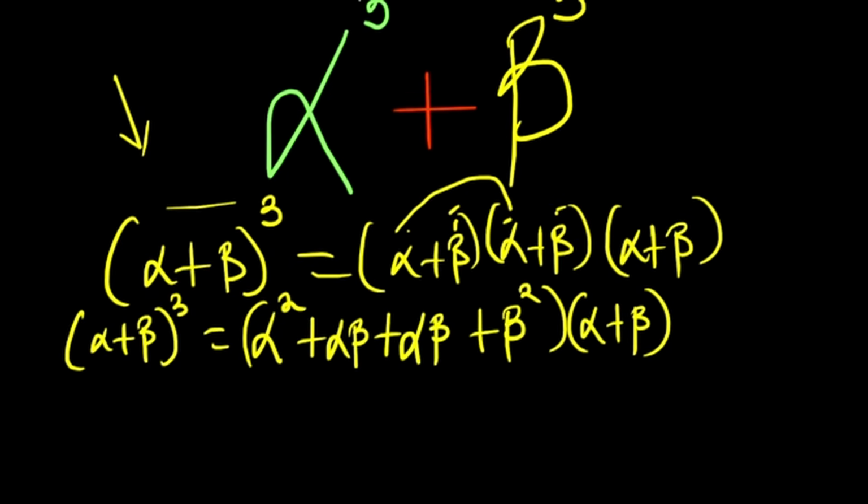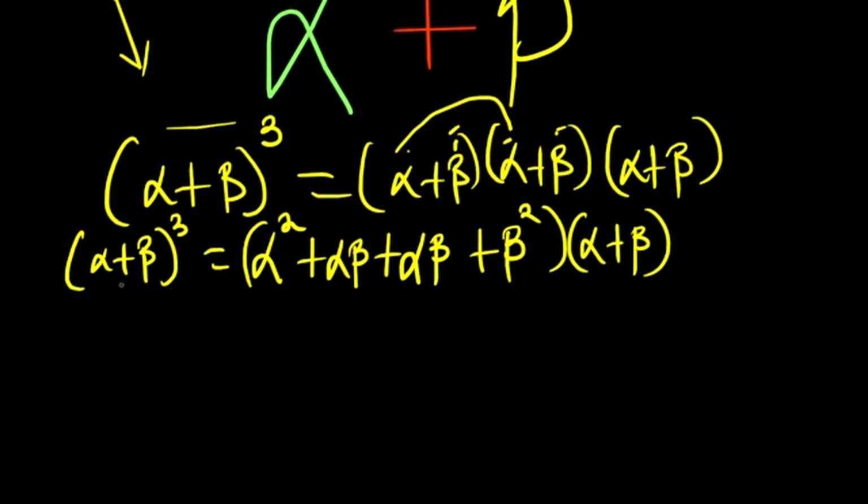Okay, let's continue. On our left we have alpha plus beta to the power of 3 is equal to, let's now multiply everything in this bracket with this small one here. Now alpha squared times alpha will give you alpha to the power of 3.